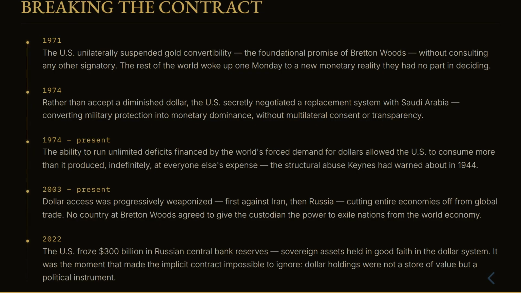We see countries no longer trust the United States. Everyone is trying to avoid US dollars. They had this privilege, they abused it, and there's no going back. Everybody understands that this system is just political.